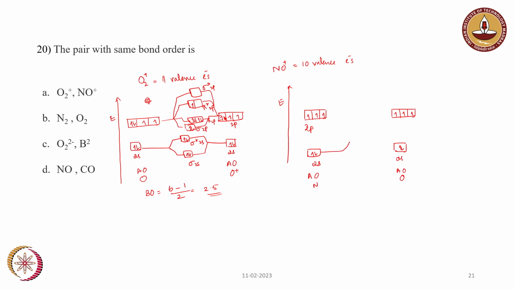So if they form molecular orbitals, there are a total of 6 electrons and they will be added in pi 2p and sigma 2p.